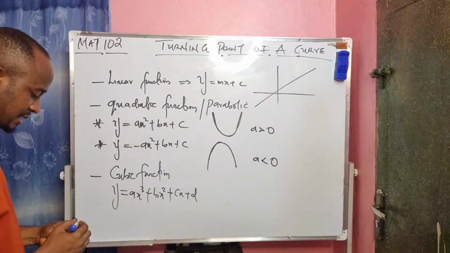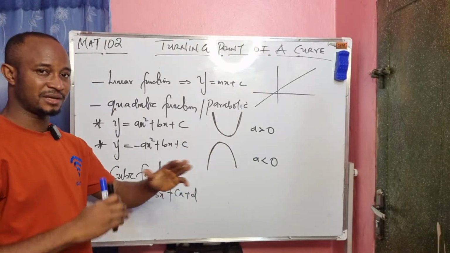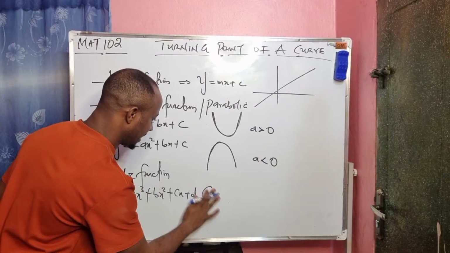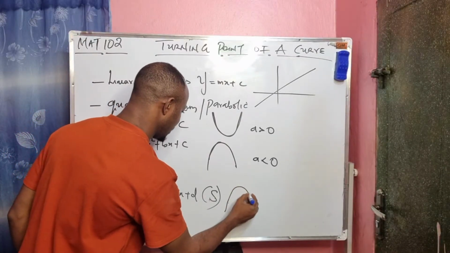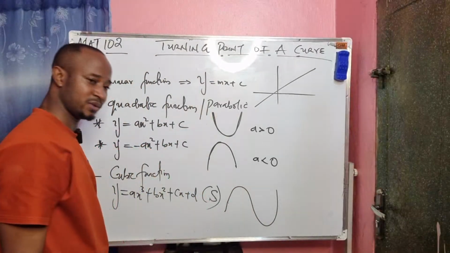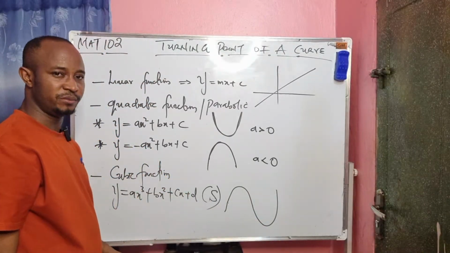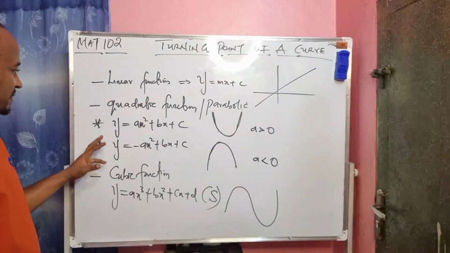This graph is more like a combination of these two graphs that forms an S shape. It can be of this kind. I can have it this way and have it this way. What you notice is that we form an S shape. This is called a cubic graph.